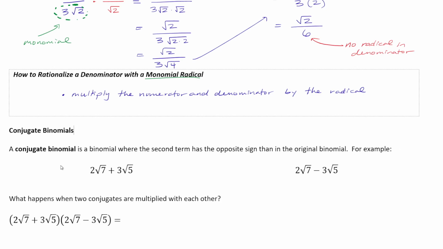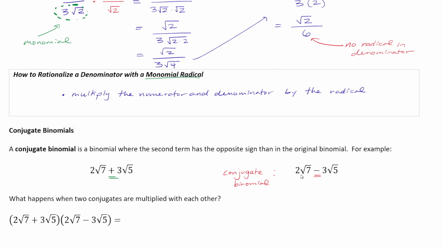As we can see here, this is 2 root 7 plus 3 root 5. The conjugate binomial would be 2 root 7 minus 3 root 5. That's what a conjugate binomial is.